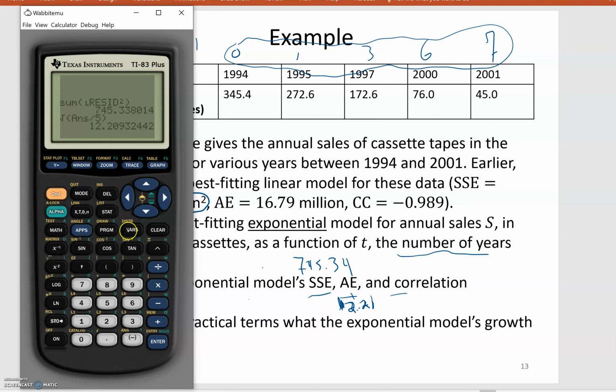And then for the correlation coefficient, we go to vars, statistics, equation, number 7, and we have, notice that it's negative, but that shouldn't be a surprise if you think about what we're modeling here, because we have decreasing behavior, right? This is a decreasing sales distribution here. So that would be negative correlation rather than positive correlation. But that's still good. This is pretty high. And I think if we compare this with the associated critical value for 95% confidence, we will definitely exceed it.